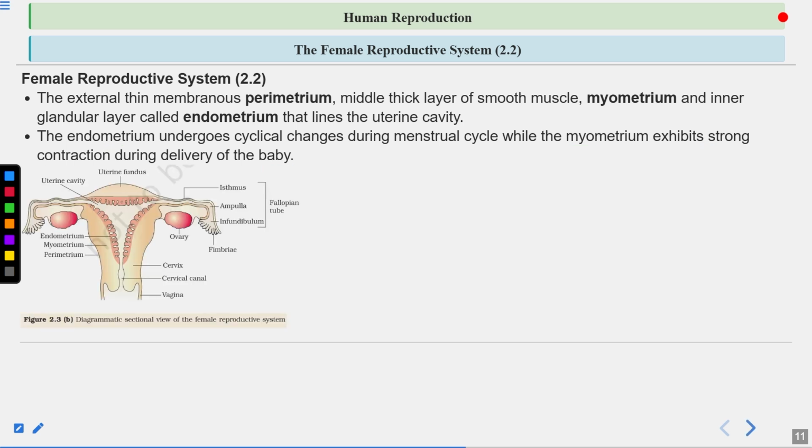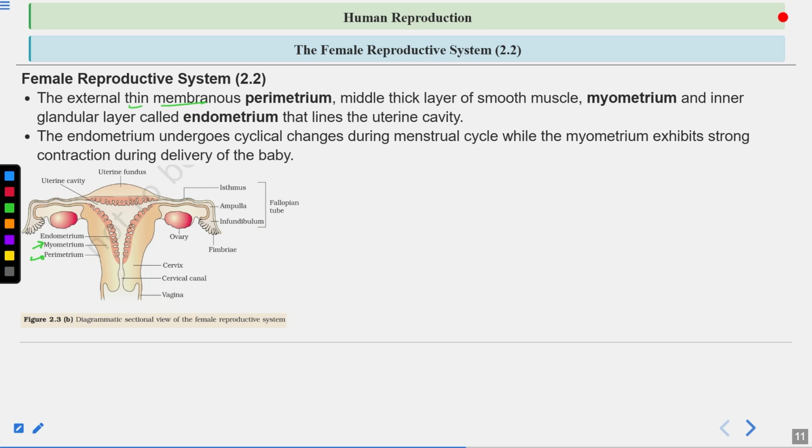Here you can see these are different parts of the wall of the uterus. The outermost, external layer is known as perimetrium. It is quite thin and membranous. Then the middle one is known as myometrium, which is made up of smooth muscles. This exhibits contraction during childbirth. This contraction is basically due to release of the hormone oxytocin.